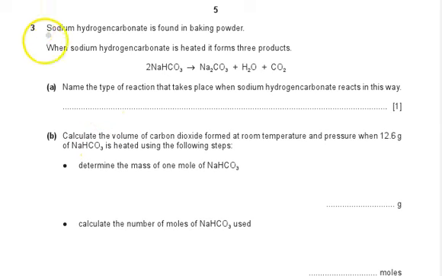Okay, now for question number 3. Sodium hydrogen carbonate is found in baking powder. When sodium hydrogen carbonate is heated, it forms 3 products. This is the equation. First one, A, name the type of reaction that takes place when sodium hydrogen carbonate reacts in this way.